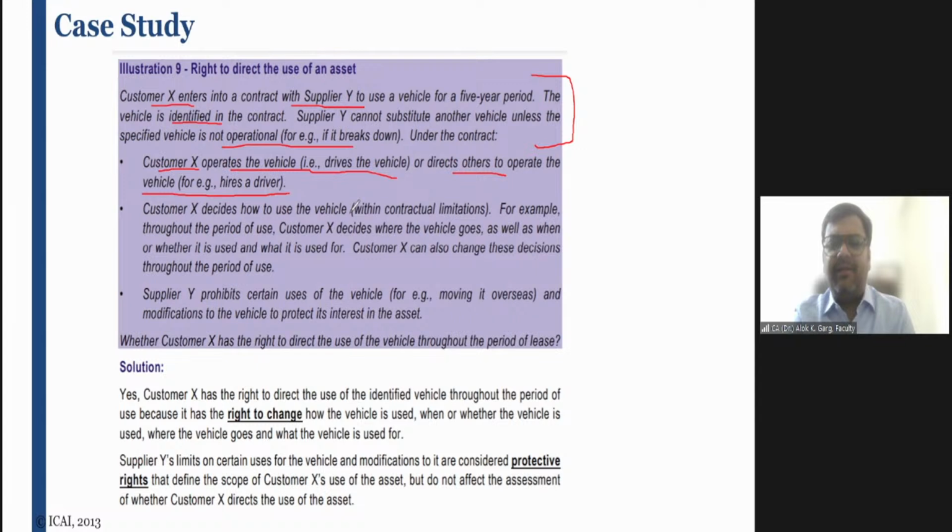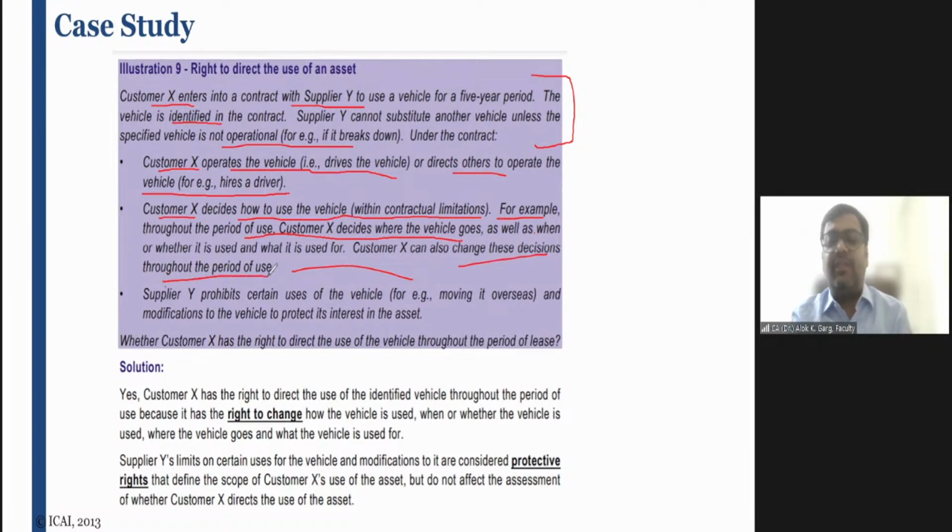It means customer X, the lessee himself, is using the asset. Customer X decides how to use the vehicle within contractual limitations, right? For example, throughout the period of use, customer X decides where the vehicle goes, as well as when or whether it is used and what it is used for. Customer X can also change this decision throughout the period of use.